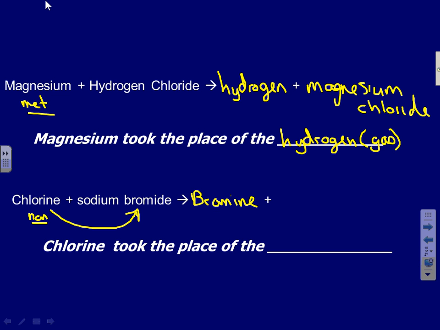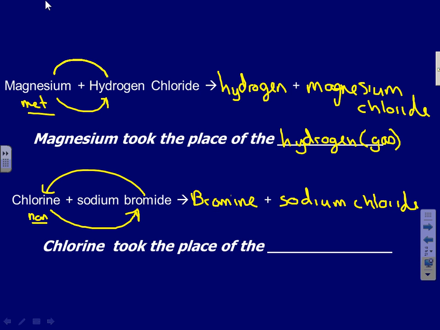Sodium chloride. So because chlorine is the non-metal, it's going to displace the non-metal. Because magnesium is the metal, it's going to displace the metal, all right? So they'll swap out positions. So the chlorine took the place of the bromide because non-metals displace non-metals.